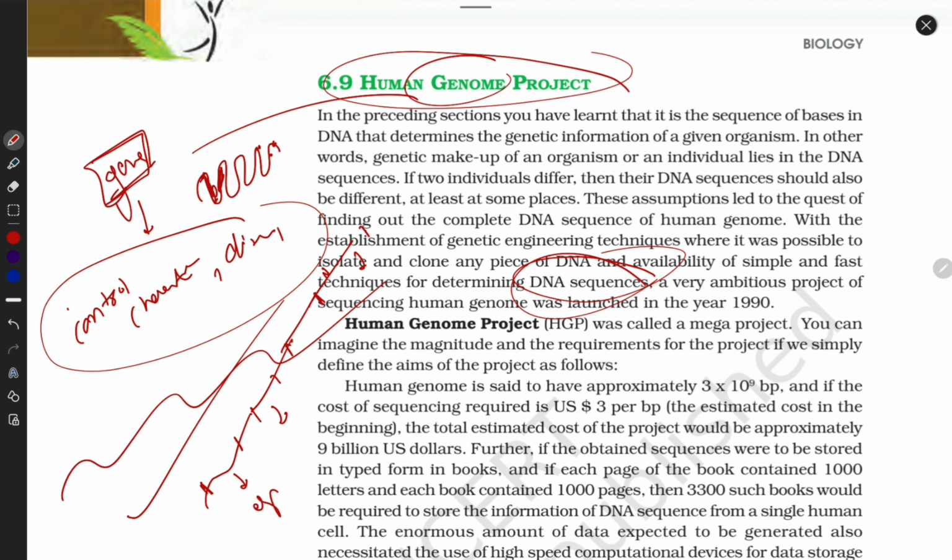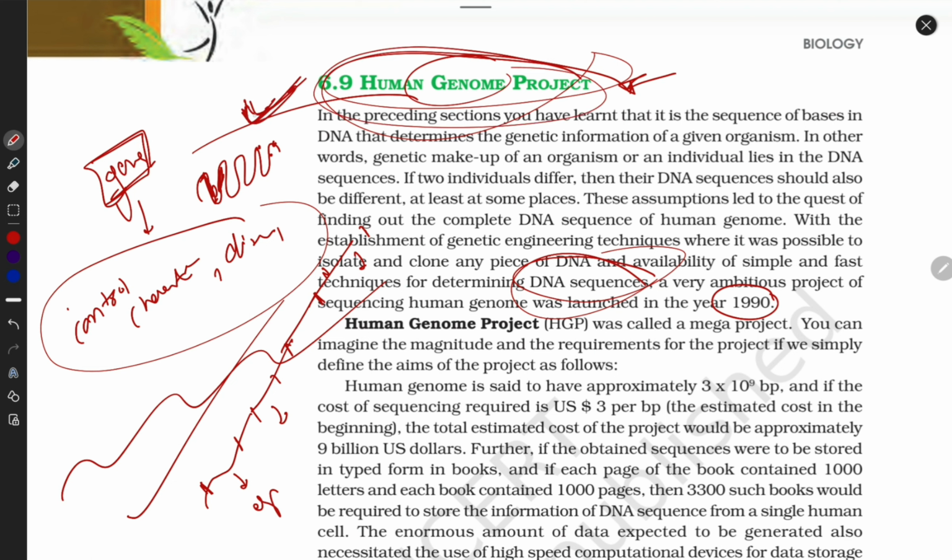With the help of this project, we now analyze and sequence our DNA. But this is not a one day thing. They launched it in 1990. Now we have a proper idea about the Human Genome Project.